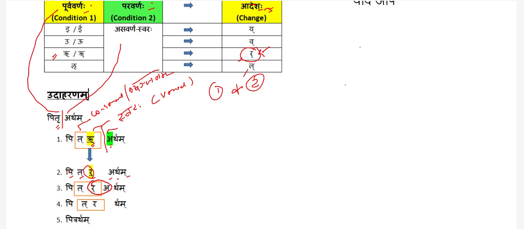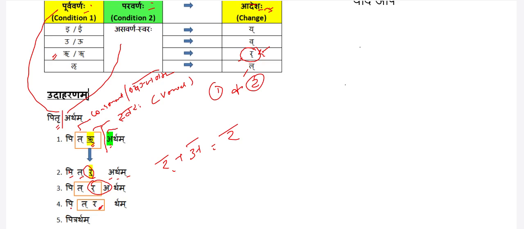These two have to be combined because these two are basically the consonant and the vowel form. So when we combine these two, this becomes ra. So that is what is shown here.